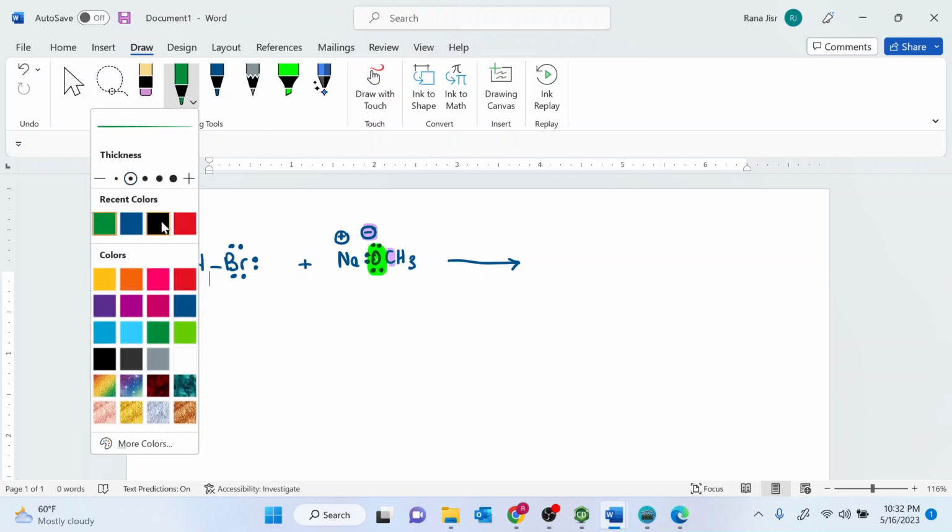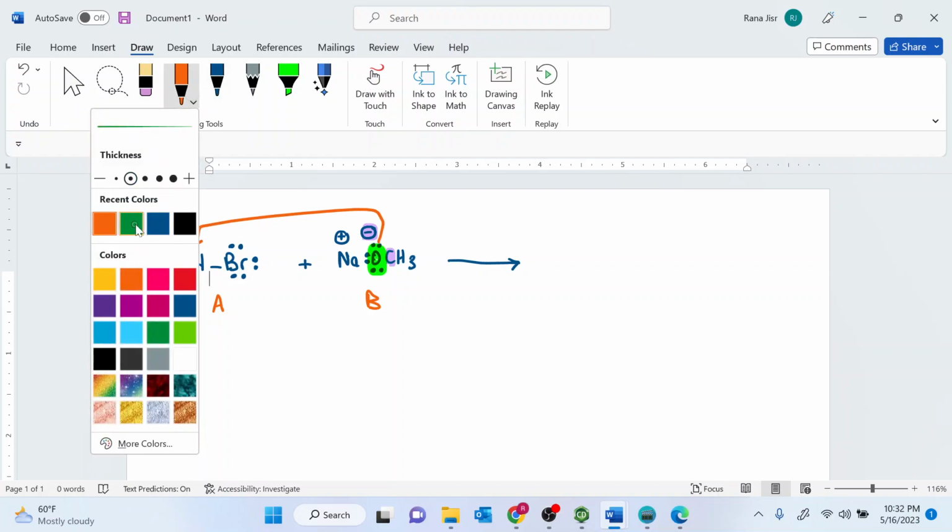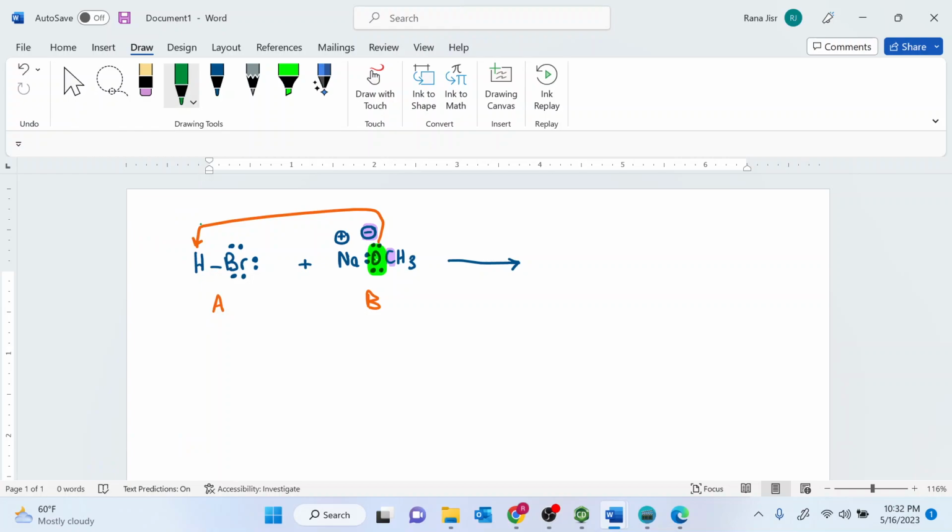So this is going to be my acid, and this is going to be my base. The reaction starts from the lone pairs of the base towards the hydrogen of the acid. This hydrogen, as we said, is partial positive. It is an electrophile.